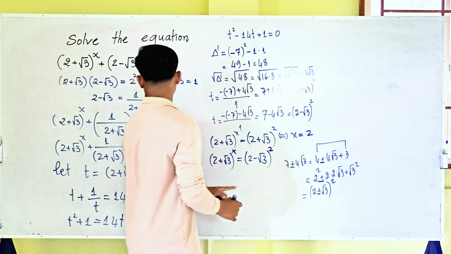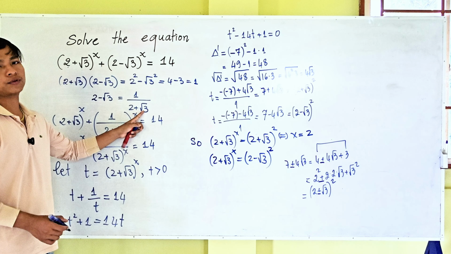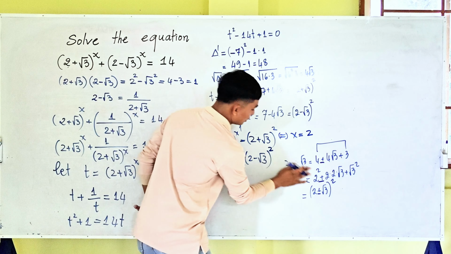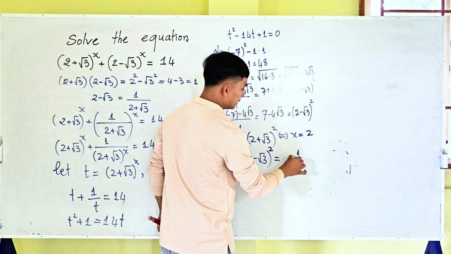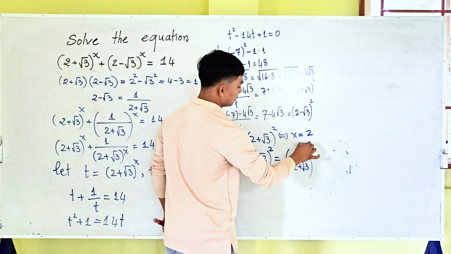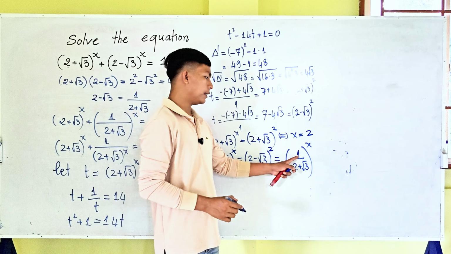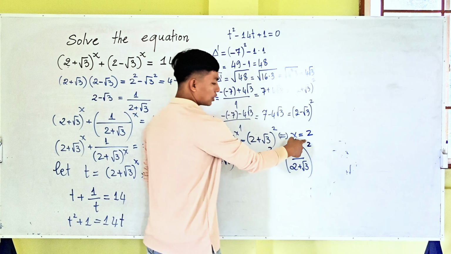And here now we replace by 1 divided by 2 plus square root 3. So we get this equal (1 divided by 2 plus square root 3) to the power 8. And we get this power 2. And we get 1 squared equal 1.